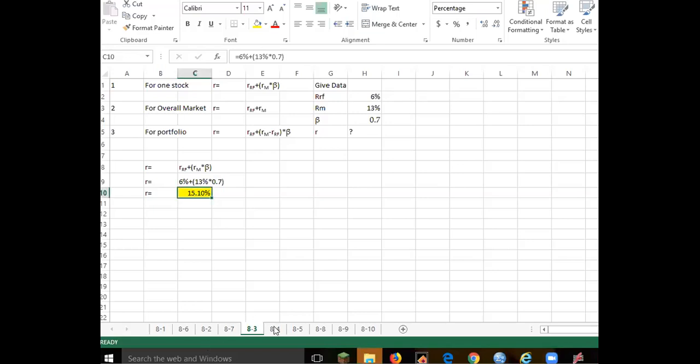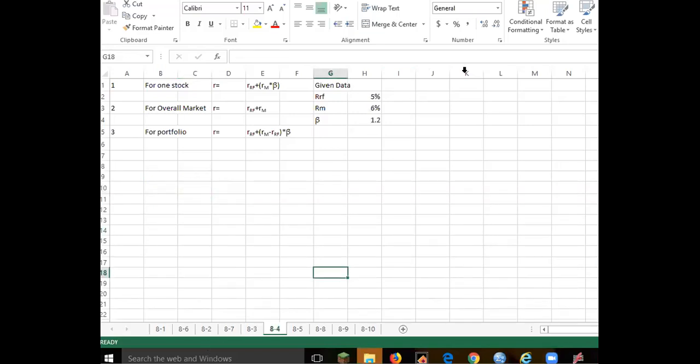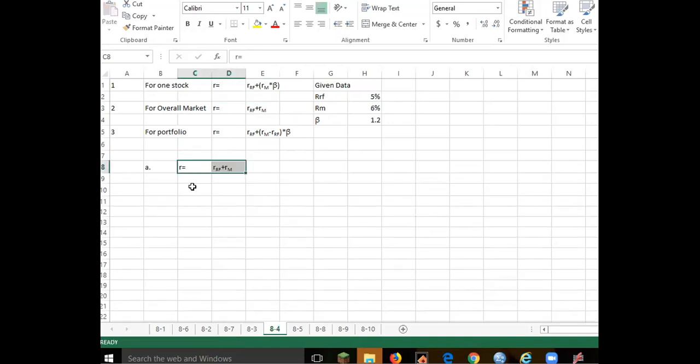A-4. Okay, risk-free rate of return is 5%, market risk premium is 6%, beta is 1.2. We have two requirements. So the first requirement is about overall market return. So here's the formula for overall market return.